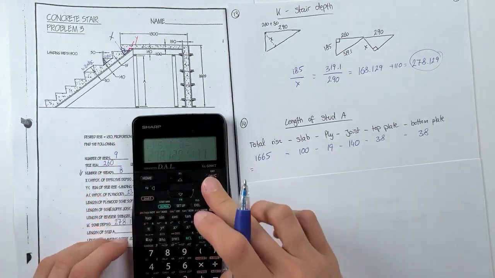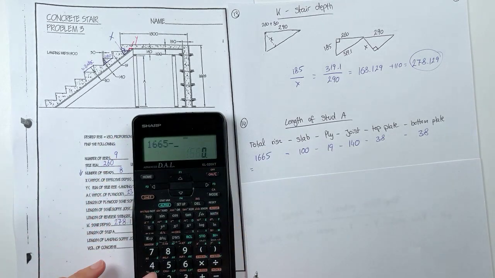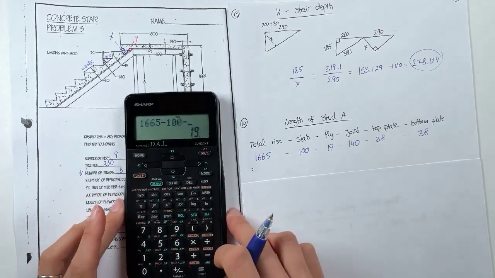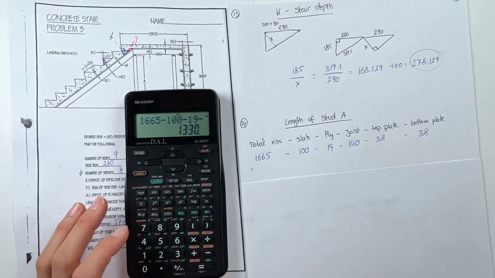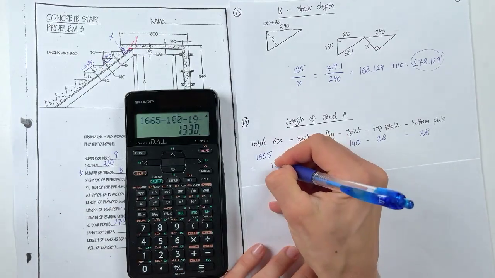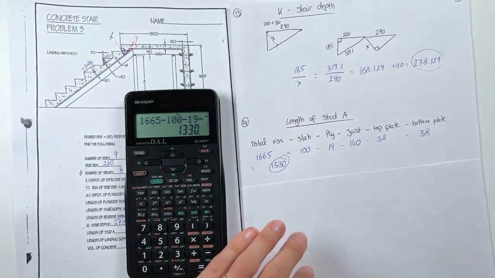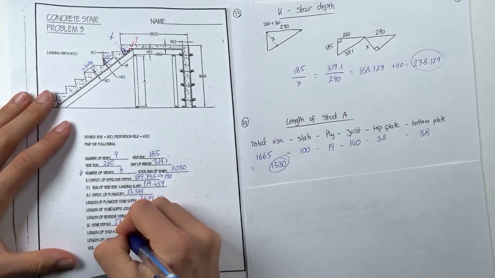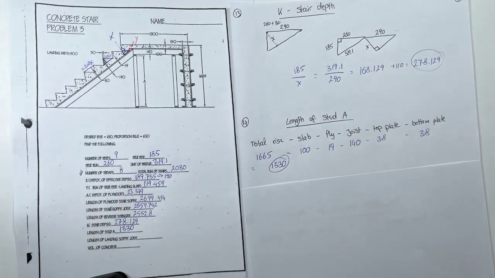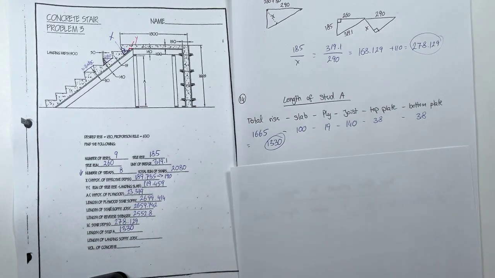And let's pop it into the calculator. 1665 minus 100 minus 19 minus 140 minus 38 minus 38 is 1330. That is the length that you get to cut stud A at. Cool. Let's check out the next one.